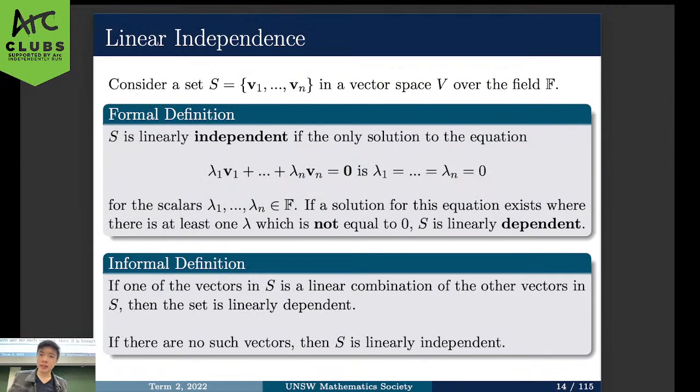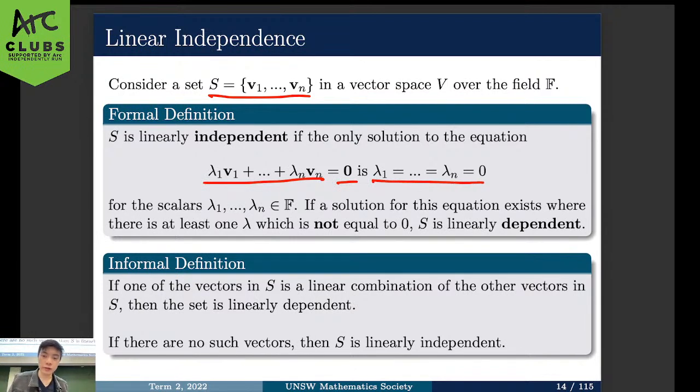So let's look at linear independence. Say we have a set of n vectors, denoted by S, in a vector space V over the field F. S is known to be linearly independent if and only if the only solution to the equation where the linear combination of S is equal to the vector 0 has this solution.